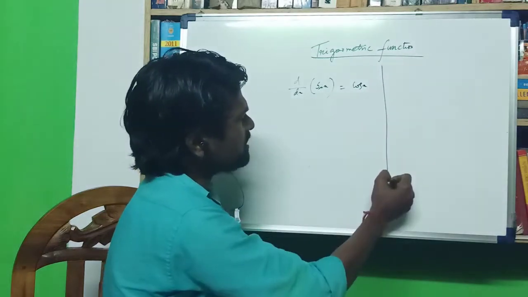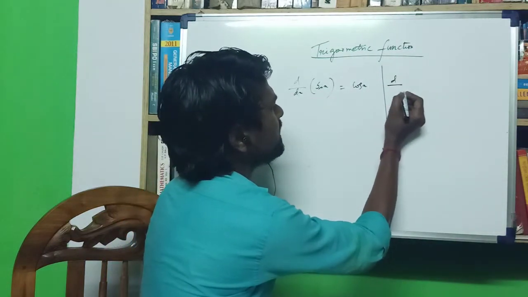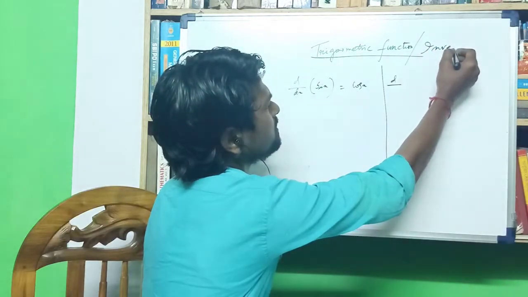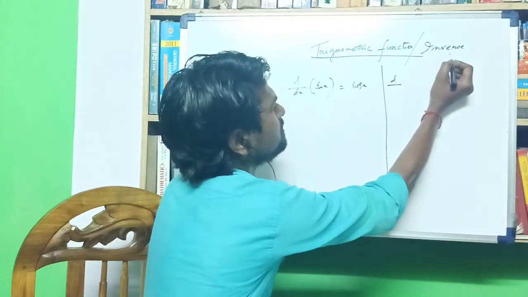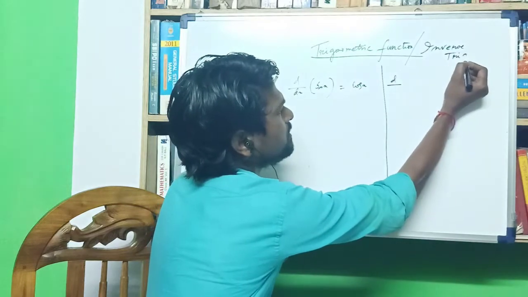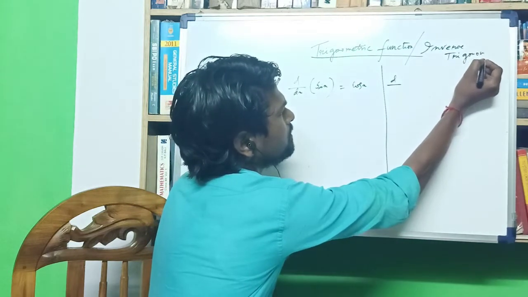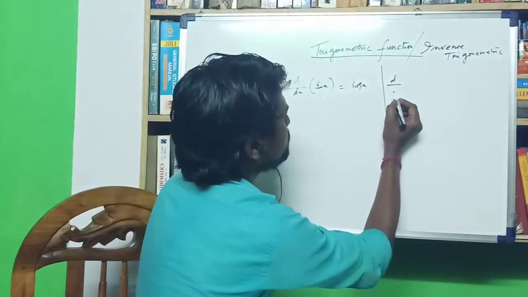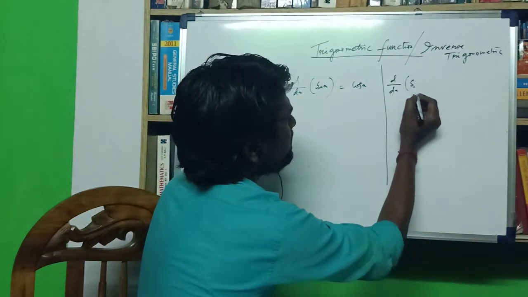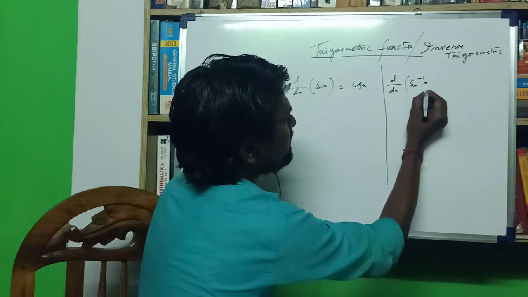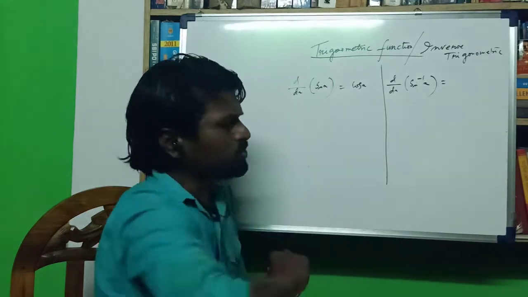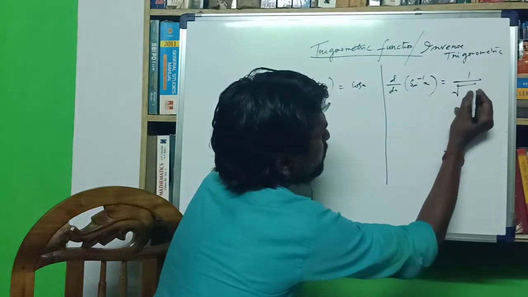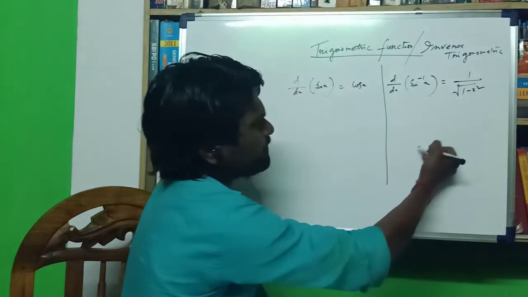but if the function is inverse trigonometric, then d/dx of sine inverse x is equal to 1 by root over of 1 minus x square.